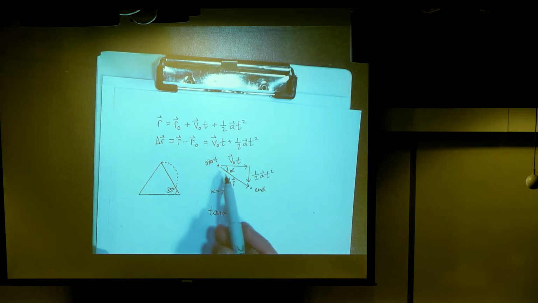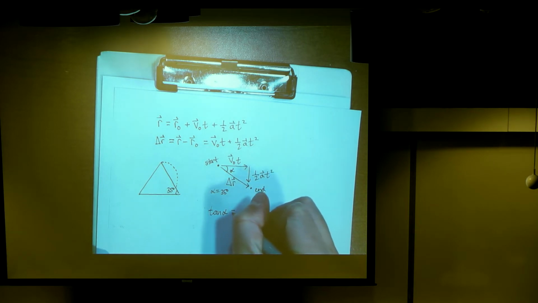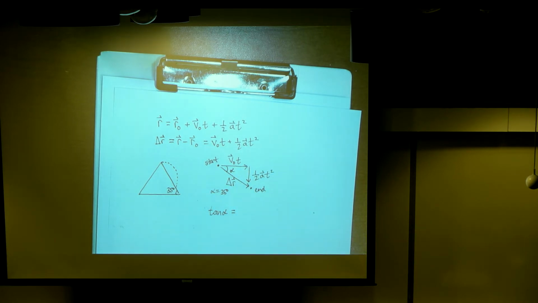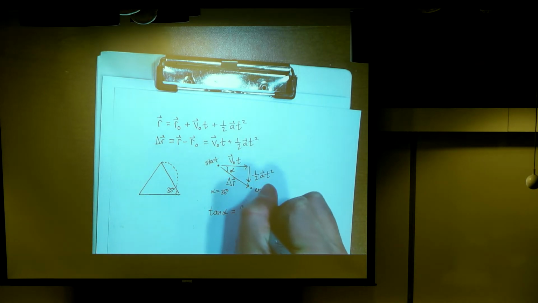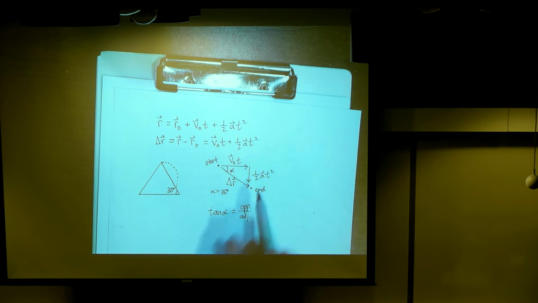So if I take tangent of some angle, what is the definition of tangent? In terms of opposite, hypotenuse. So tangent is not that, it's opposite over adjacent, okay? And remember, we have a right triangle, so it's totally cool to use the tangent function, which applies to right triangles, okay?